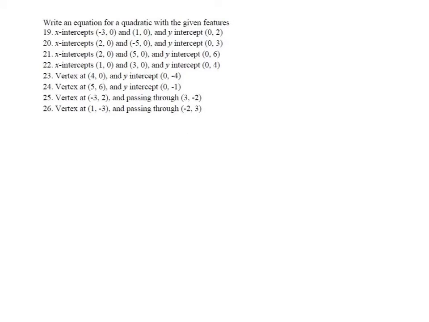So on a slightly different feature, like 23, they're telling us the vertex and they're telling us a y-intercept. Since they're telling me a vertex, I could just go ahead and write that in vertex form, plus k.